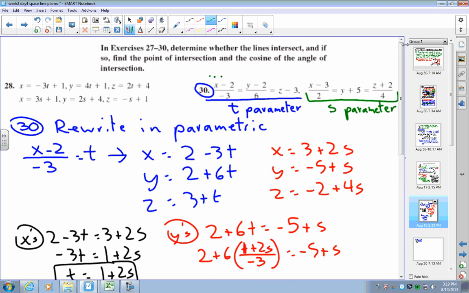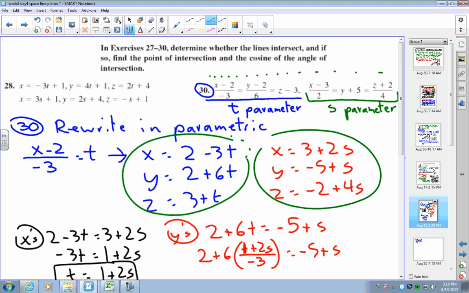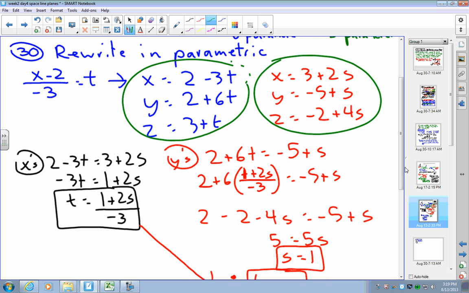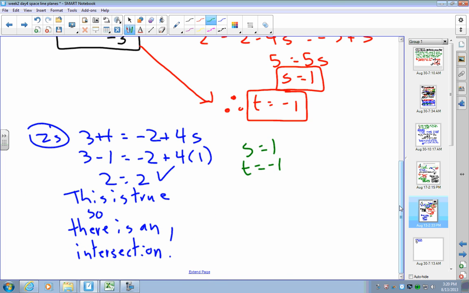When you plug in those values into either the left one, plugging in the t's, or the right one, plugging in the s's, you're going to get the intersection point is 5, negative 4, 2.